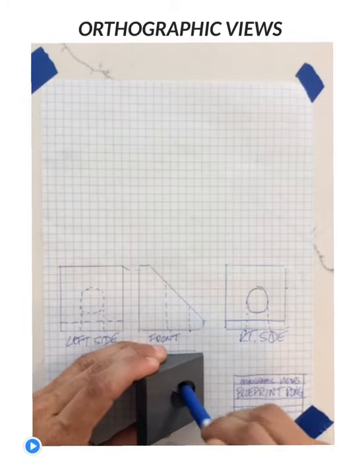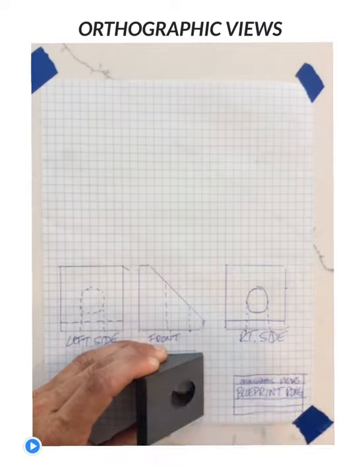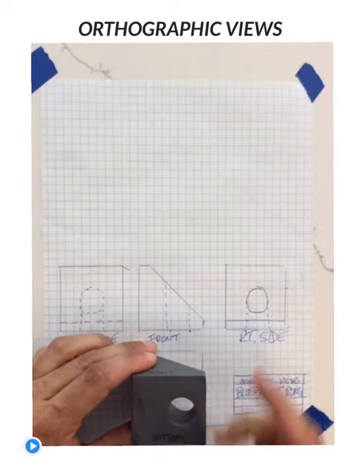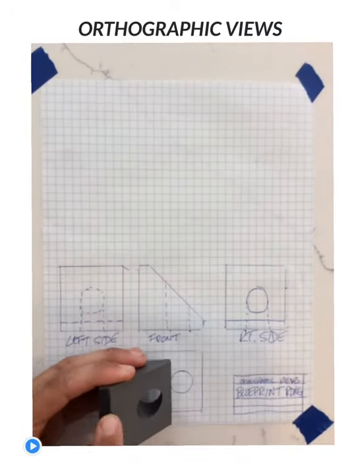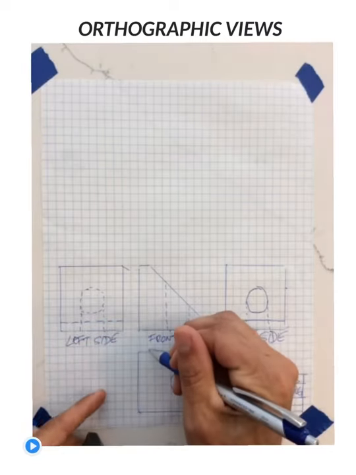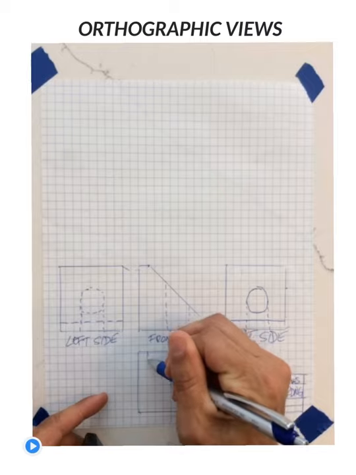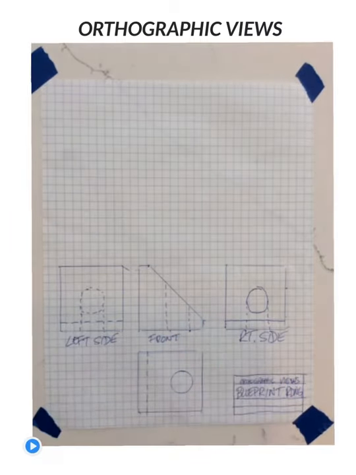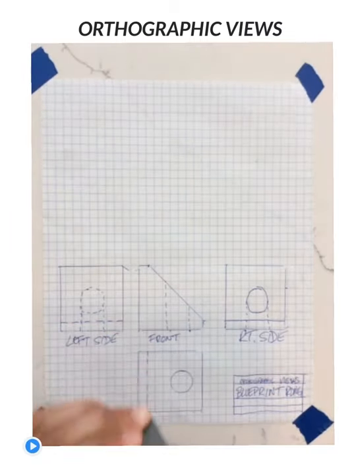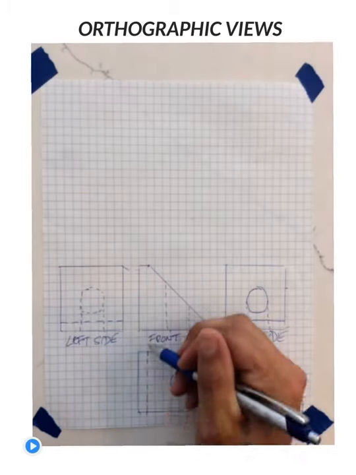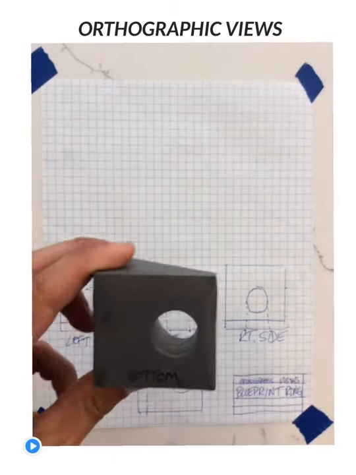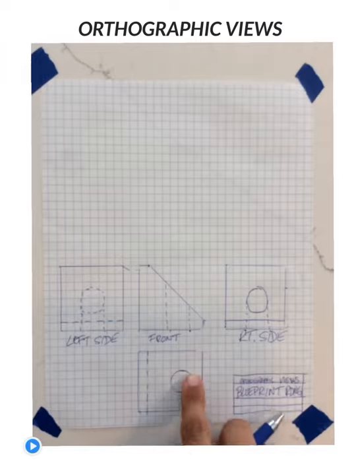I could try to get that, just to keep it sped up quick. And I also know that I have this edge here, so that edge I can see up here. So I'm going to do my hidden lines for that edge here, but I can see the circle, so I don't need hidden lines here.